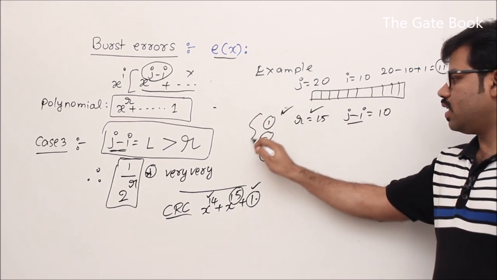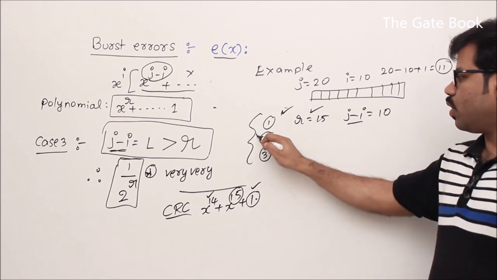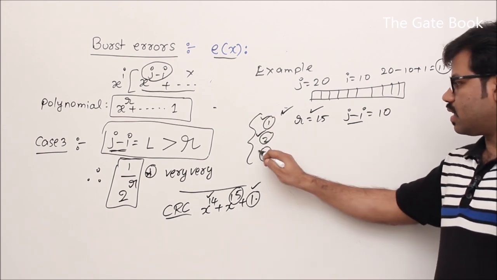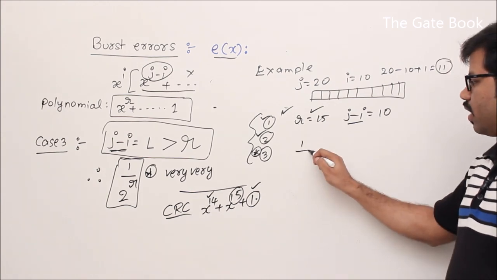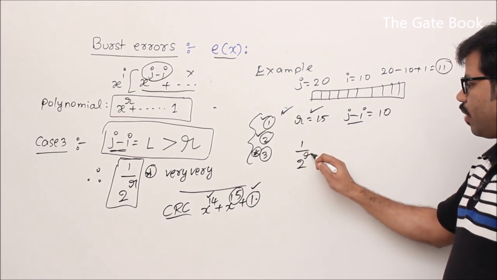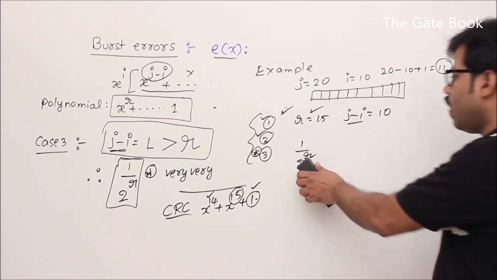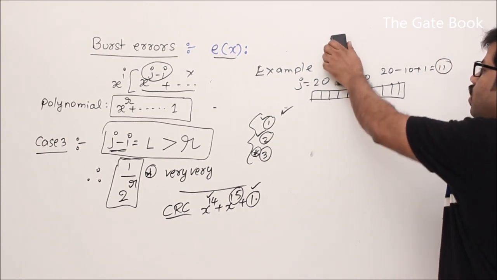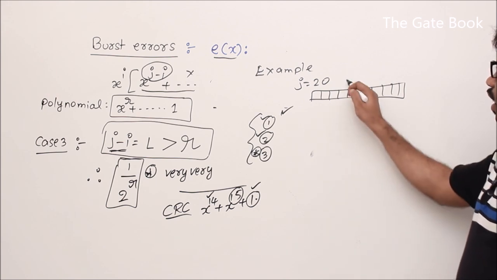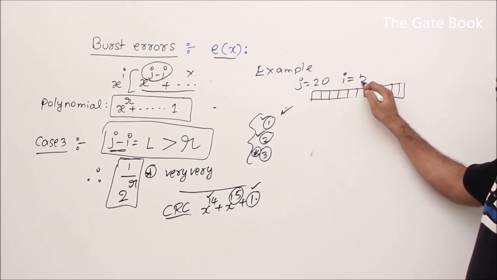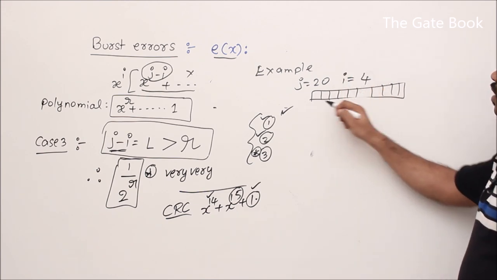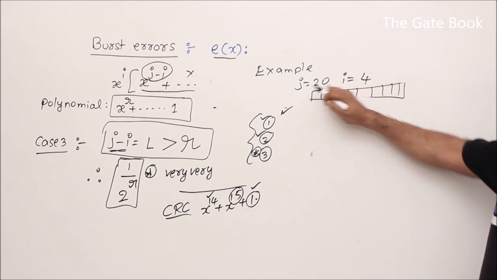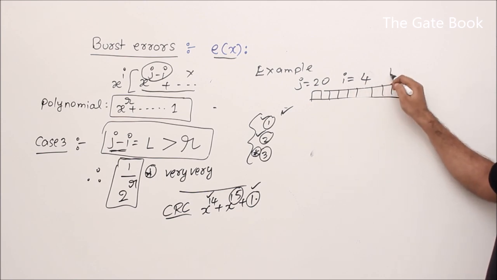So that's why you should remember these three cases. We proved case number 1 and case number 2, but case number 3 was a little bit difficult, so you remember it. What is the probability that we can't detect here? 1 by 2 power r. An example of that case is this: let's say j equal to 20 and i value, let's take 4. Now see, what is the burst length? 20 minus 4 is 16, plus 1, 17.